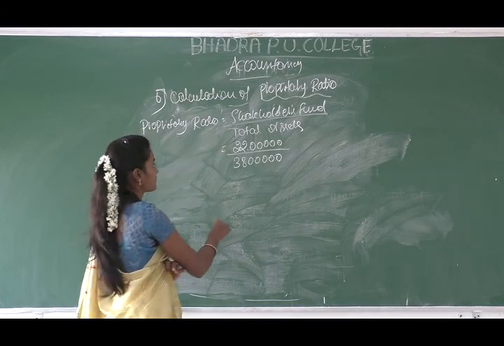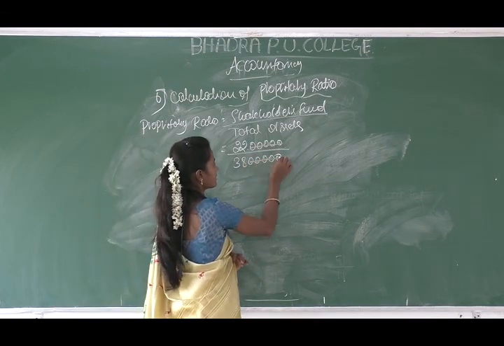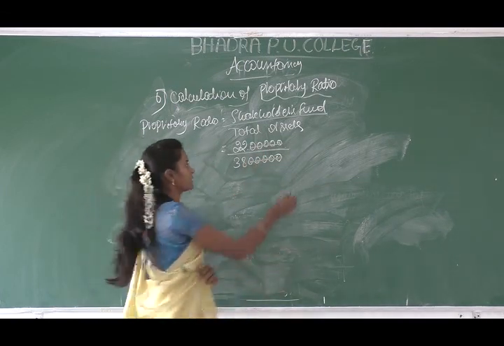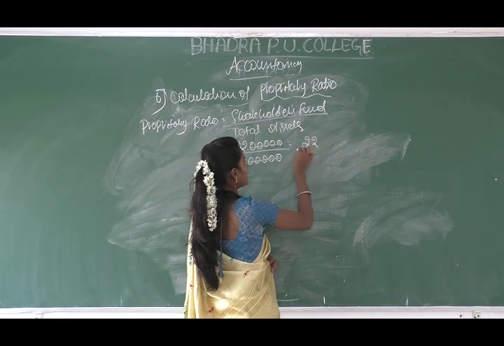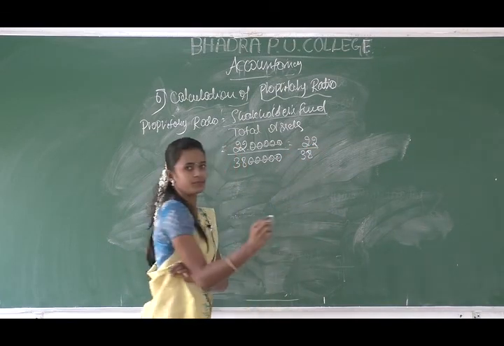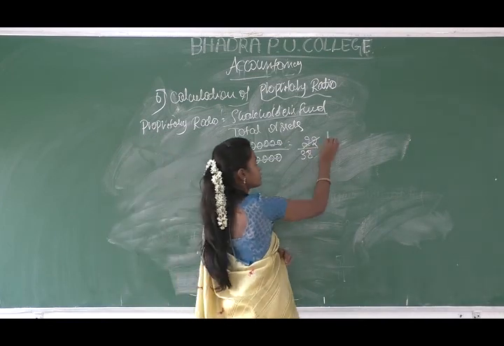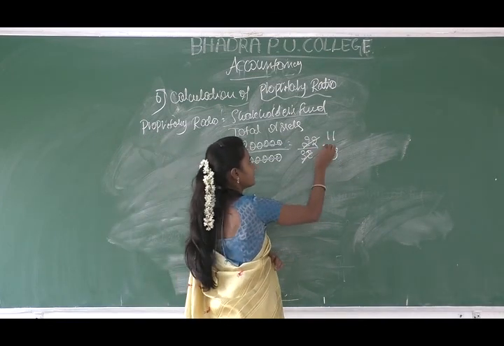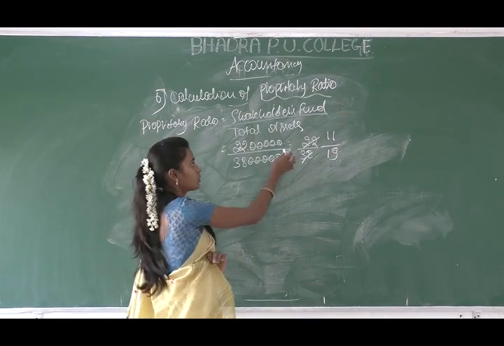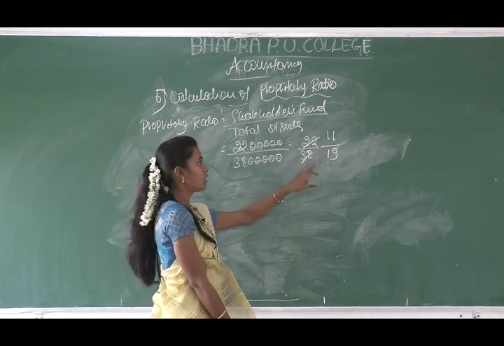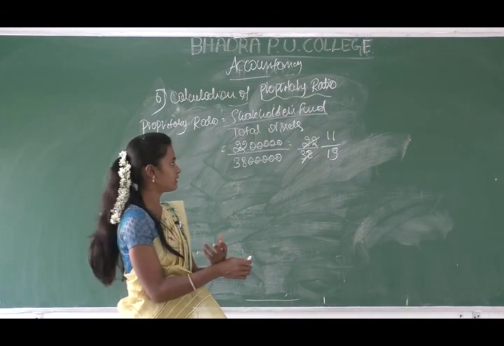Now 5 zeros and 5 zeros cancel. The remaining is 22 divided by 38. Here 2 cancels: 2 11s are 22 and 2 19s are 38.